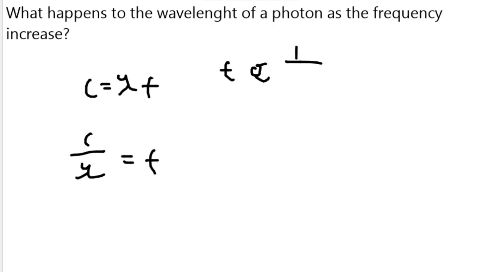And if we solve for some variable, let's say frequency, it is inversely related to the wavelength. Meaning if the frequency increases, the wavelength will decrease. The reverse is also true: if the frequency decreases, then the wavelength is going to increase. So that's inverse proportionality.